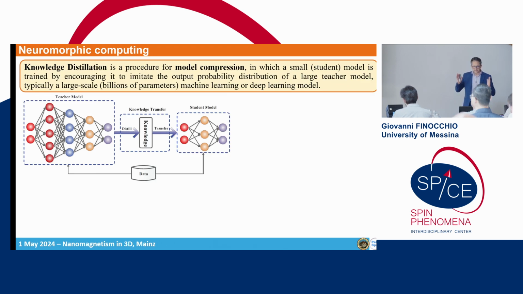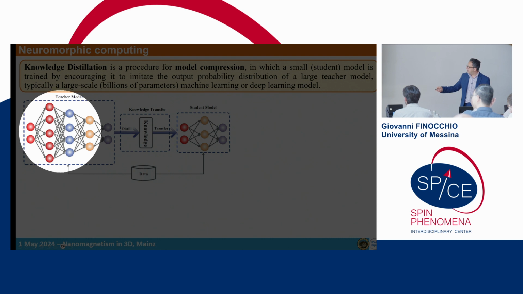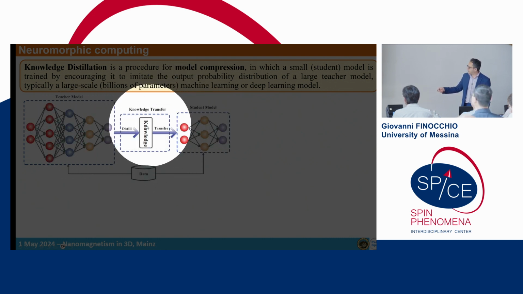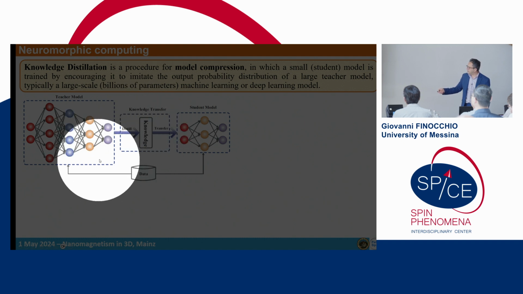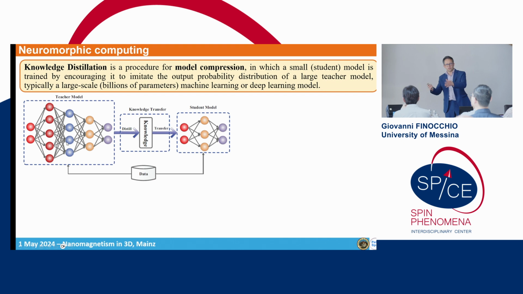So here you have basically a big network, which we call the teacher model. And we want to transfer to a smaller one, basically using some techniques, all the know-how that you have here. So basically, we want to teach someone who is smaller almost the same thing.